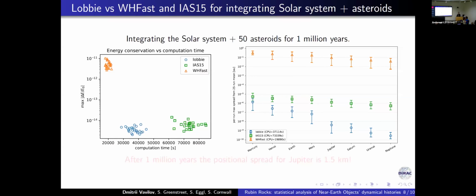We think that the spread of this divergence for the planets' positions can tell us something about the accuracy of our integrators. Our integrator is this one. For different planets, this is how the maximal spread grows in 1 million years. But look at Jupiter. After integrating for 1 million years, the consistency is 1.5 kilometers. And I think it's pretty great.